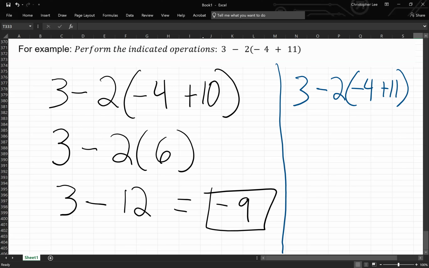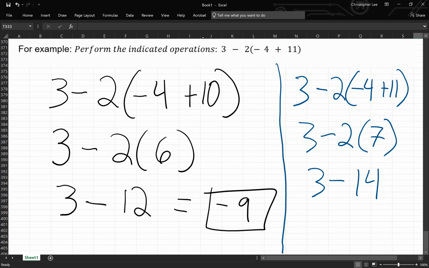So what do I do first? All right, what's -4 plus 11? 7. So this is 3 minus 2 times 7. What do I do after that? What do I get? 14. So this is 3 minus 14.